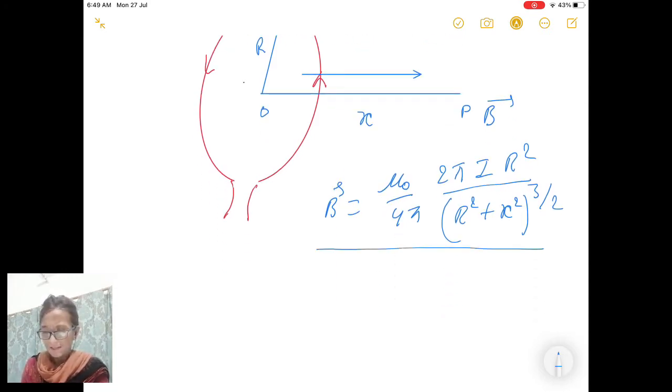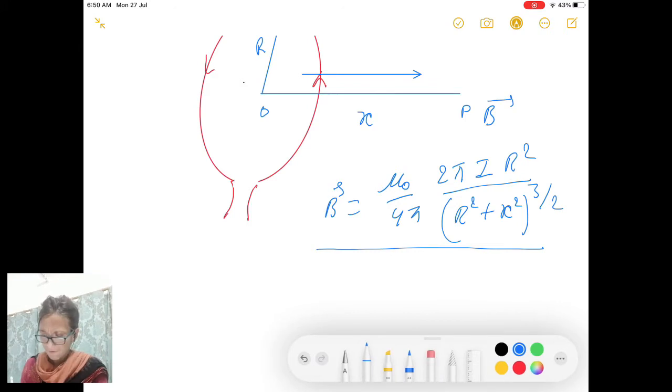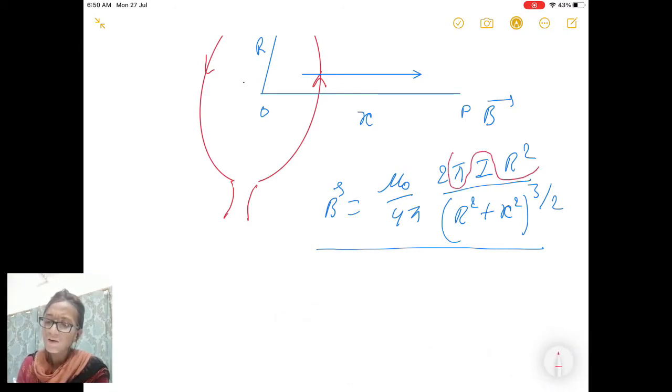Now in this equation you can notice here you have the area of the circular loop, pi r square. So in place of this you can write the area vector, and then the B vector can be realized in terms of the area vector.